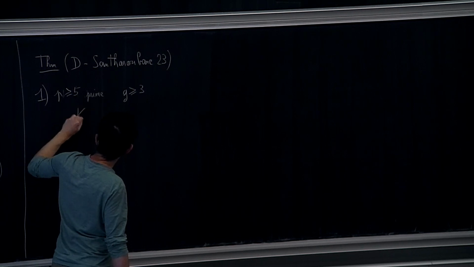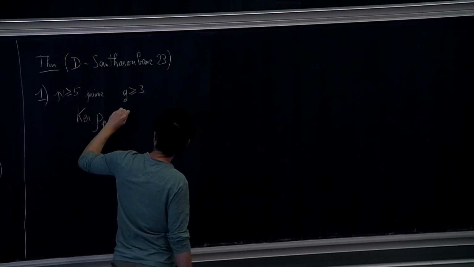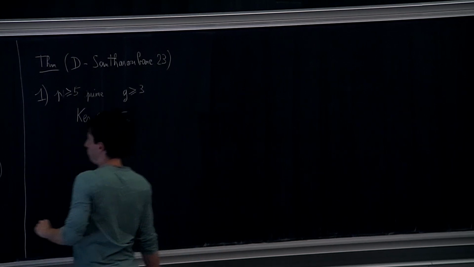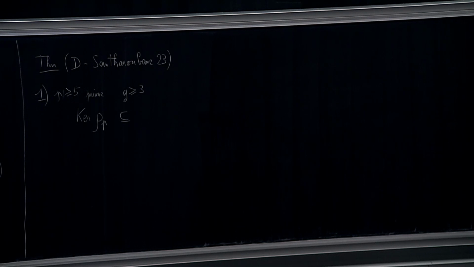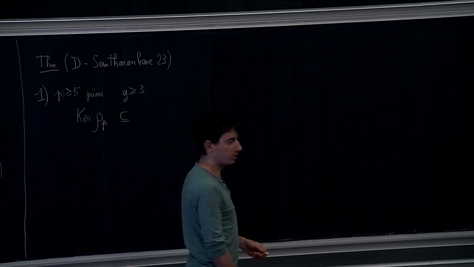Then the kernel of rho_P is contained in the subgroup generated by, I will write this subgroup as K_R, the subgroup generated by all half powers of Dehn twists.